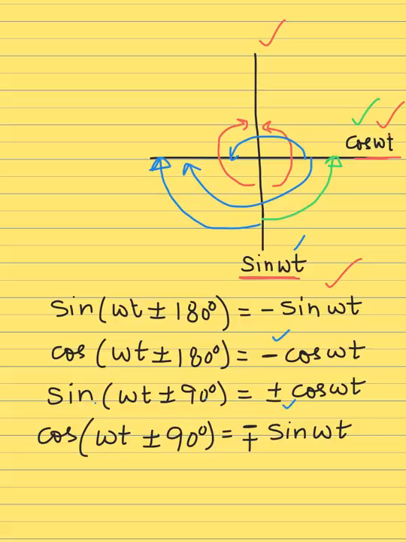With respect to cos omega t, we are here, so adding 90 degrees is going to lead you here, which is negative sine omega t. If you do cos omega t minus 90, you're here and you're going to lead to positive sine omega t. So again, make sure you keep in mind all these identities as well.